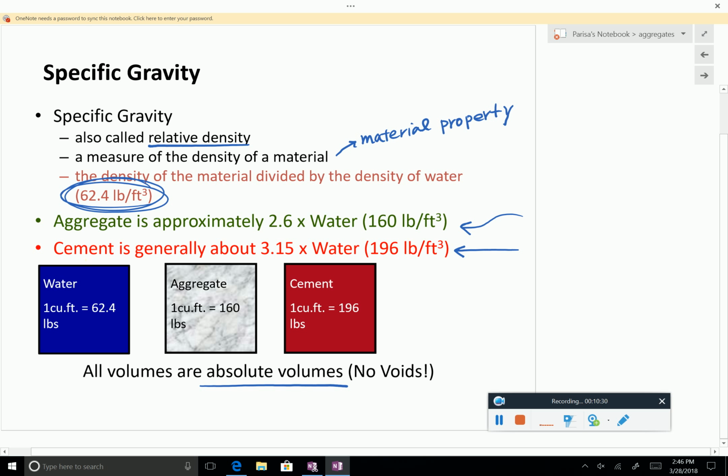Cement, for example, is 3.15. So if you want to compare, 1 cubic foot of water weighs 62.4, aggregate weighs 160, and cement 196, just to have a sense. And everything is absolute volume, so we are not taking into account the voids.